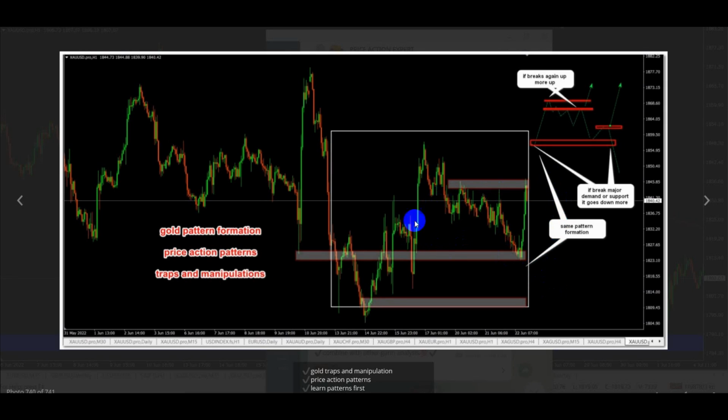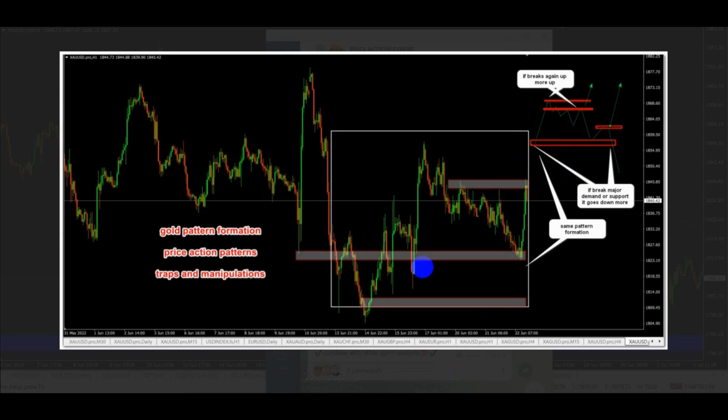You can see here it tries to go up. I clearly mentioned here, actually, it was a sell zone. From there, it kept dropping, and actually it broke this low. And this is in H1. For the pattern formation, you'll have to zoom into the H1, and you will know where to look only if you learn the patterns.